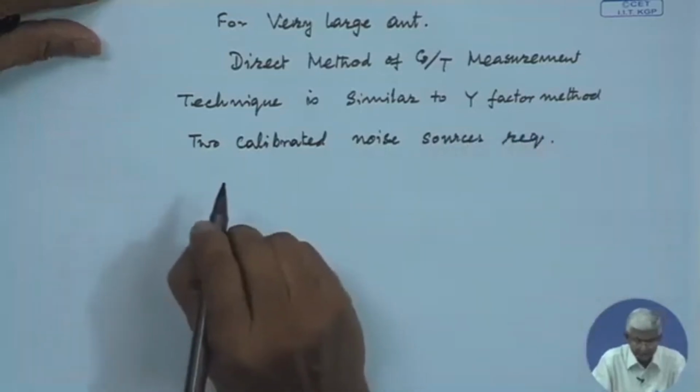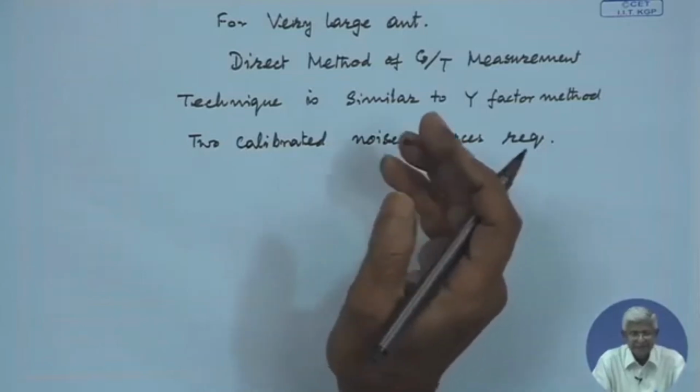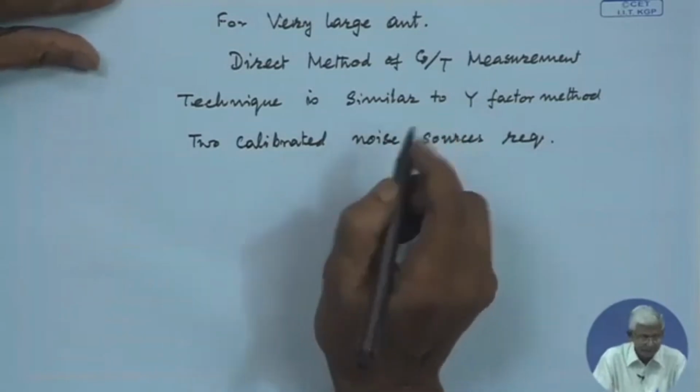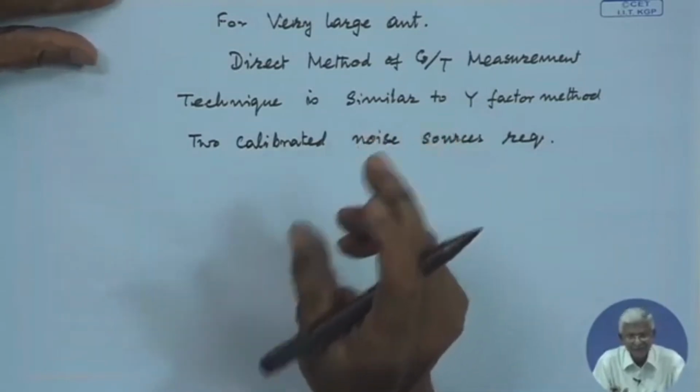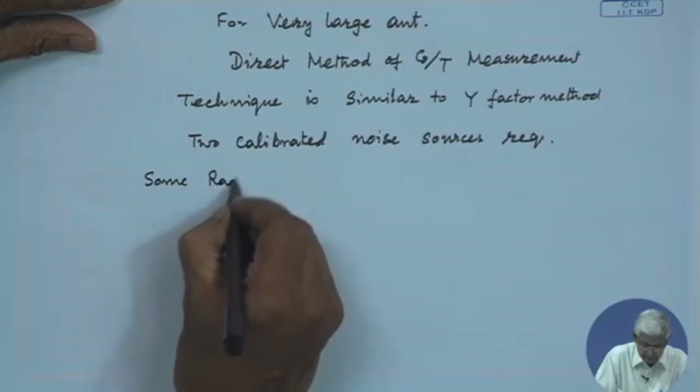How can we get them? Sky is one of the very important areas towards which this receive antenna is looking. We can use the sources in the sky itself. So, we can use some radio stars.